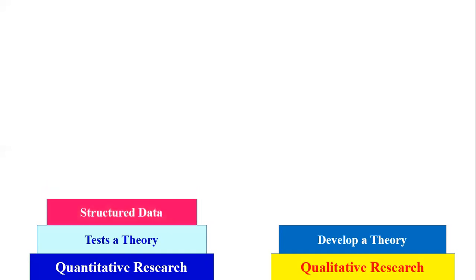In quantitative research, there is structured data, because it follows the scientific method. That means you go for observation, then make a hypothesis, then theory, then law, and you follow the whole sequential process in structured data. And you have numbers.